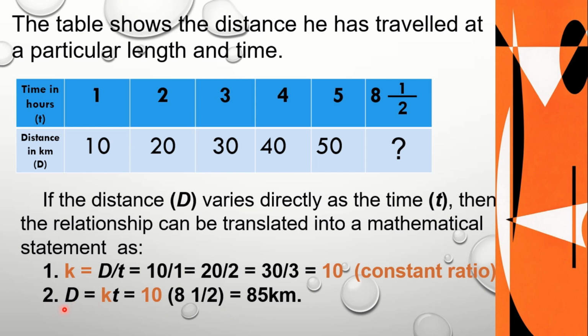2. So, if we use d is equal to k times t, then we substitute the value of k, 10, to find this unknown distance where time is given as 8.5 hours, or 8.5 times 10 is equal to 85 kilometers.